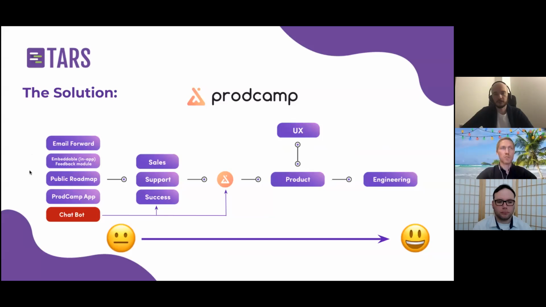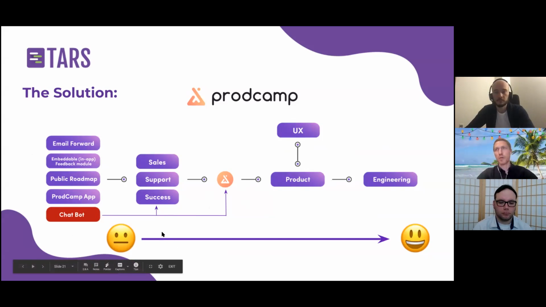So normally we would have various channels to collect feedback. And normally it goes through customer-facing teams, and then it goes to product and it's stored somewhere. With the chatbot, you can either work with customer-facing teams, or you can just bypass them and go to Broadcamp directly, and further to product.